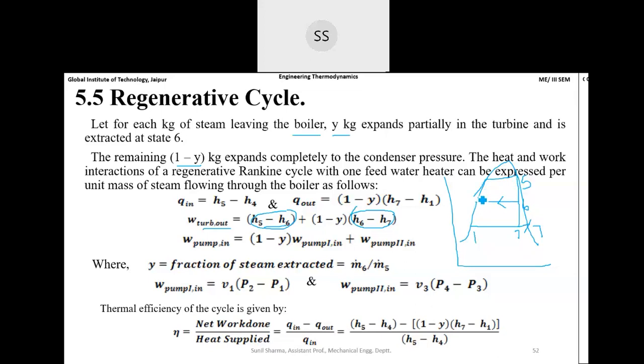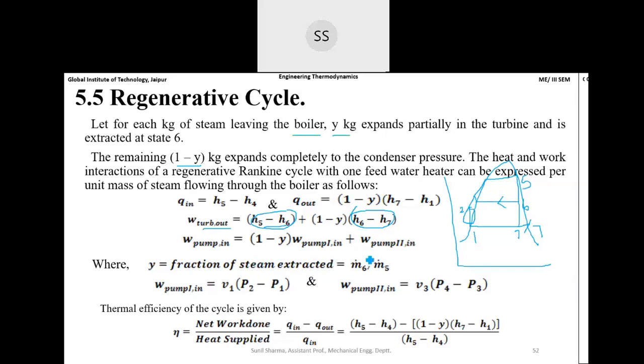So in that way we just need to clear that one. W pump in will be there. So (1 minus y) W pump, again 1 minus y only for the W pump, which is say 1 to 2, so 2 minus 1, plus W pump second for the total boiler pressure.